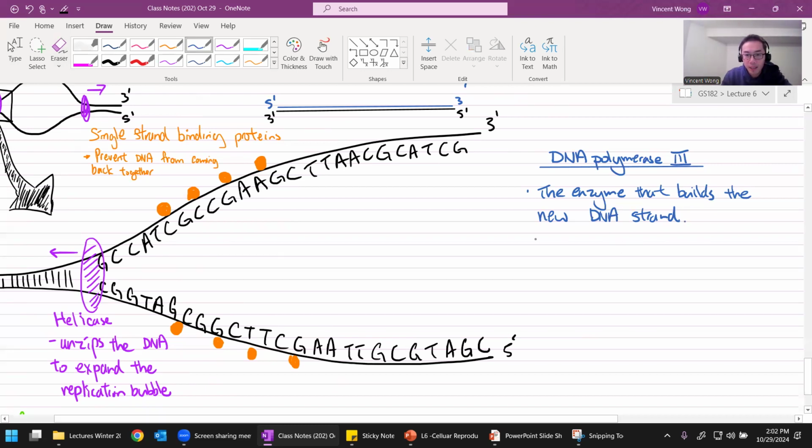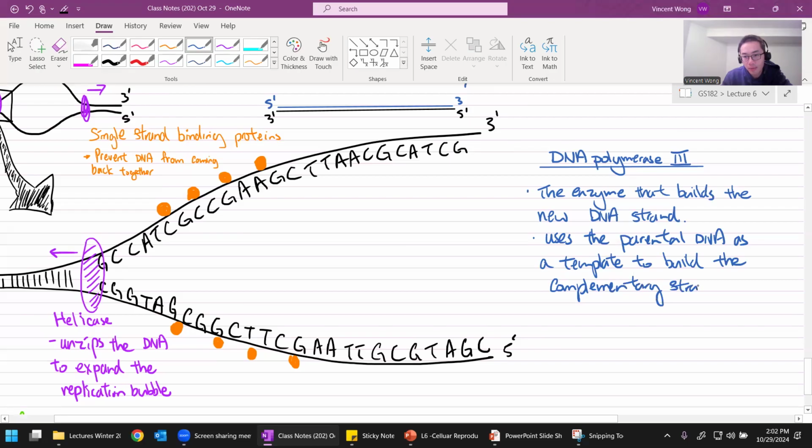It uses the template strand, the parental DNA, as a template to build the complementary strand.